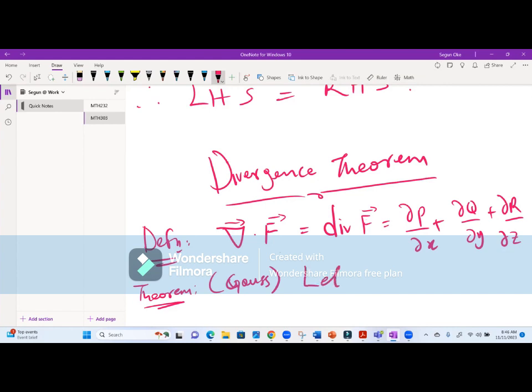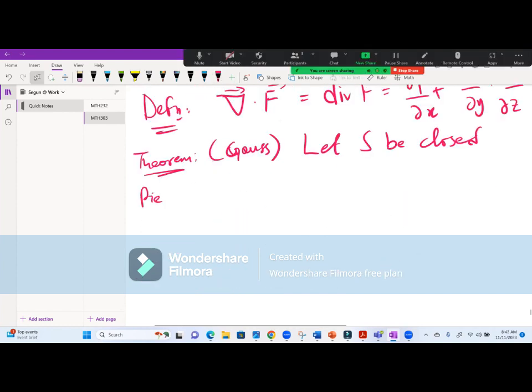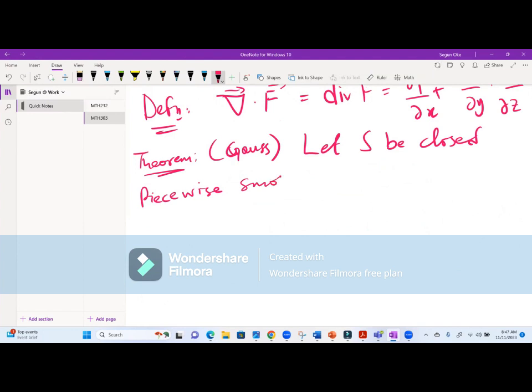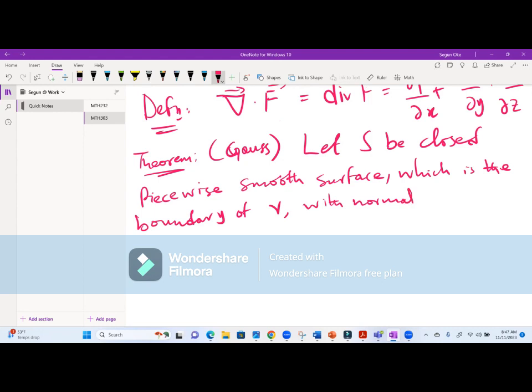The Gauss theorem says, let S be a closed, piecewise smooth surface which is the boundary of V, with normal pointing outward.